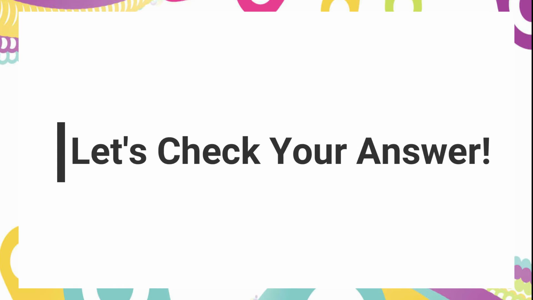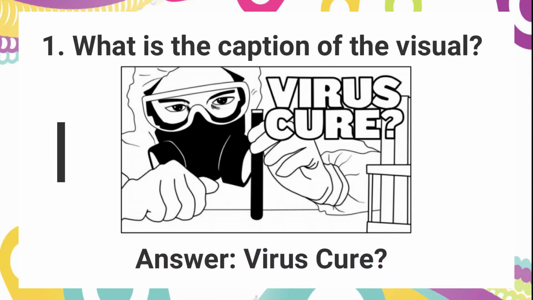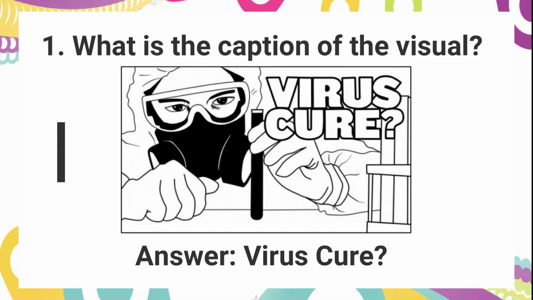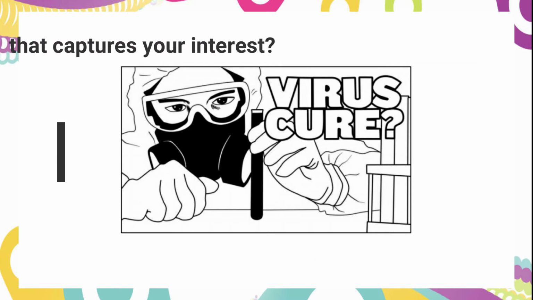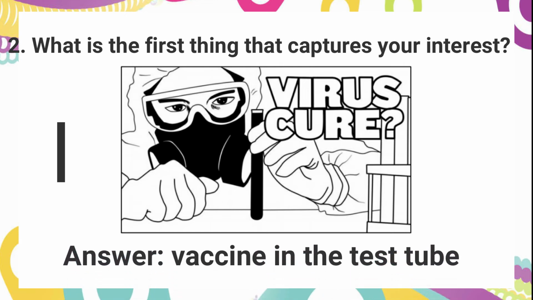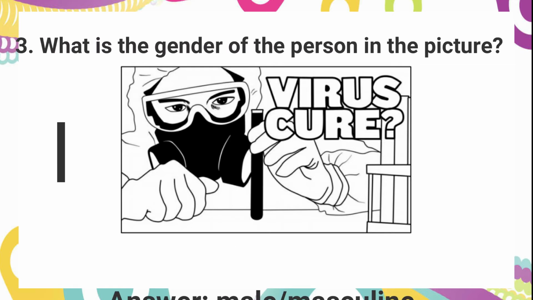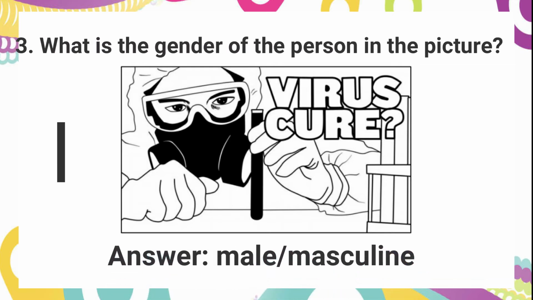And now, let's check your answer. For number 1, the answer is virus cure. For number 2, the answer is vaccine in the test tube. For number 3, the answer is male or masculine.